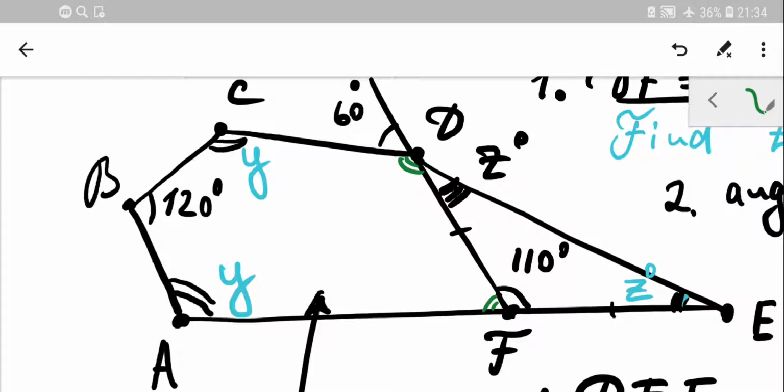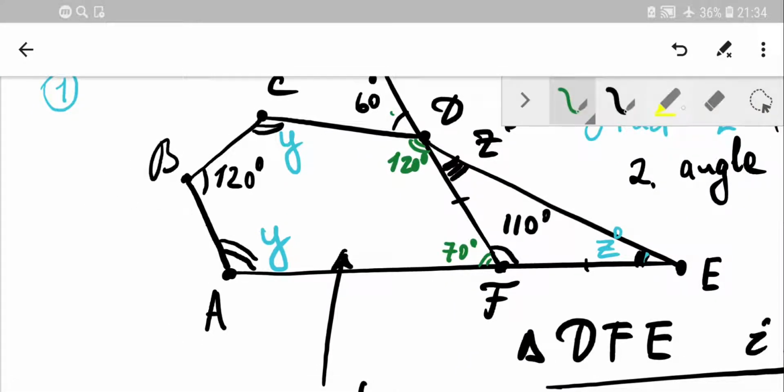We have an open angle, so 60 and some angle add up to 180. These are supplementary angles, whose values add up to 180 degrees. So the rest is 120. And here, from 110 up to 180, you need to add 70 degrees. So we figured out all the internal angles except for 2y.